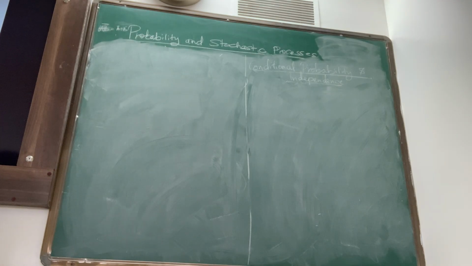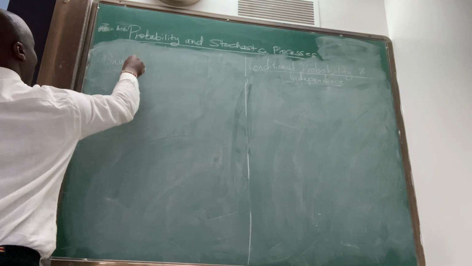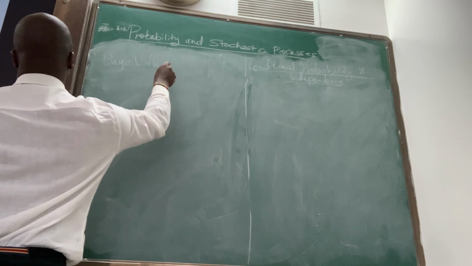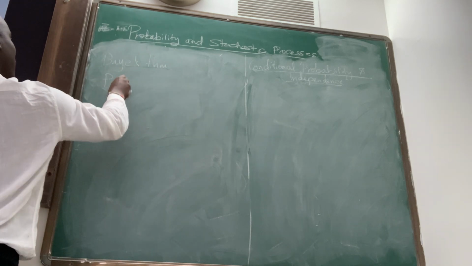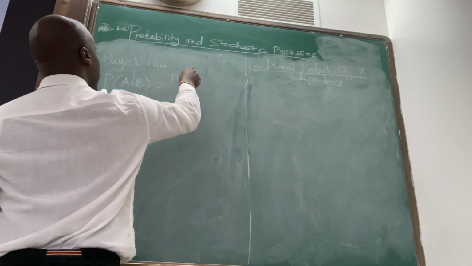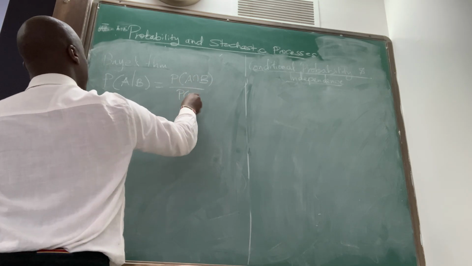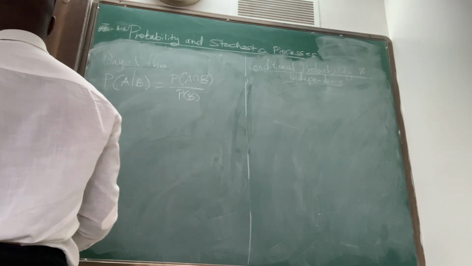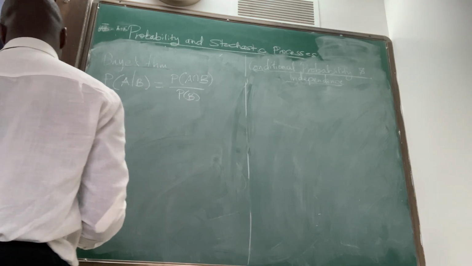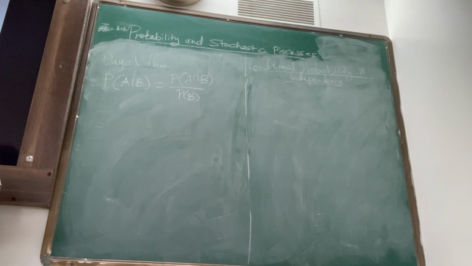For Bayes' theorem, depending on where you learn these things, Bayes' theorem states that the probability that an event A occurs given that B has occurred is just going to be the probability of A intersection B over the probability of B. Now I want you to take note of something: where does the probability of A intersection B come from?